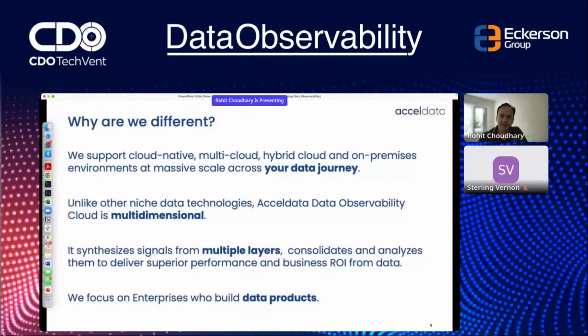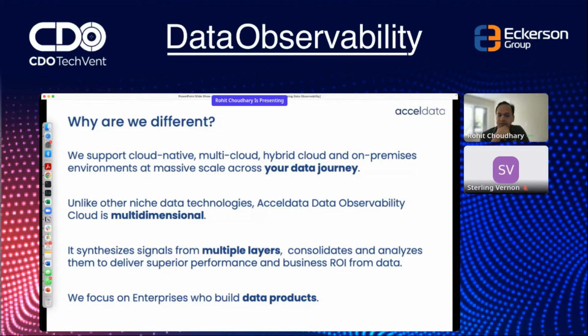So from a differentiation perspective, like I said in the previous slide, we've been cloud native. We support multiple clouds. We're capable of supporting a hybrid journey for the customer. And unlike many other niche technology providers, Acceldata Cloud is really multidimensional. It's completely different from many other vendors that you will hear about today.